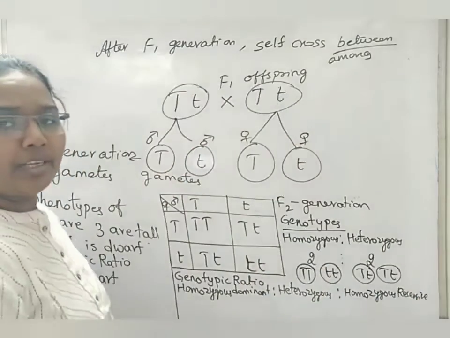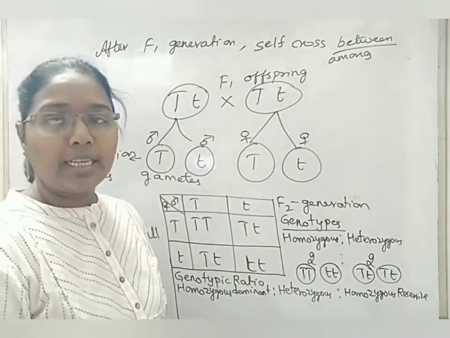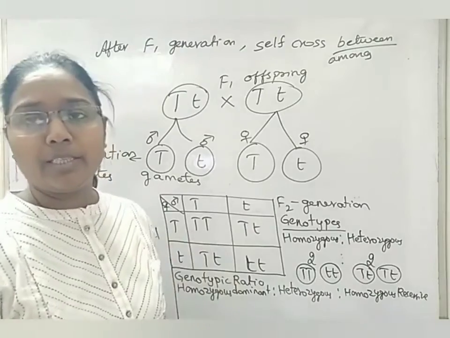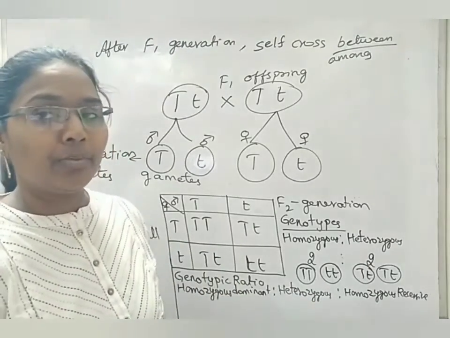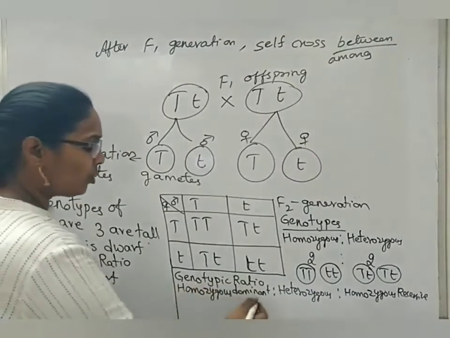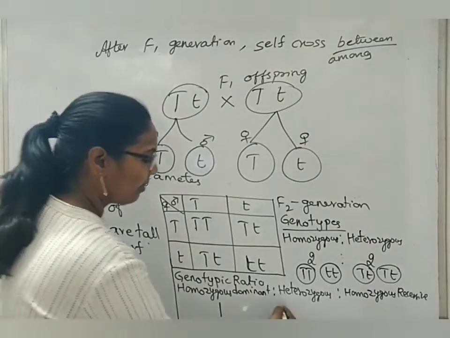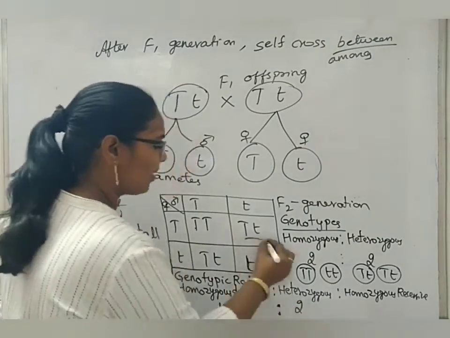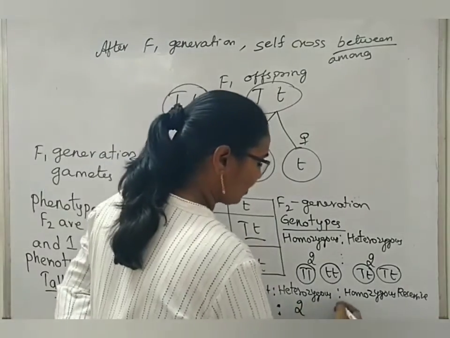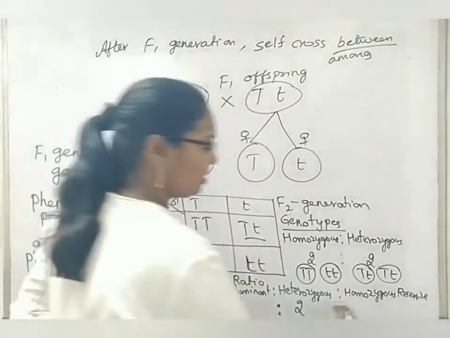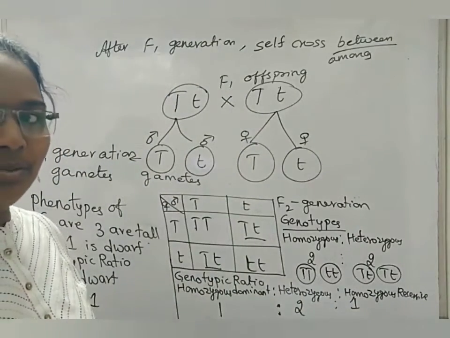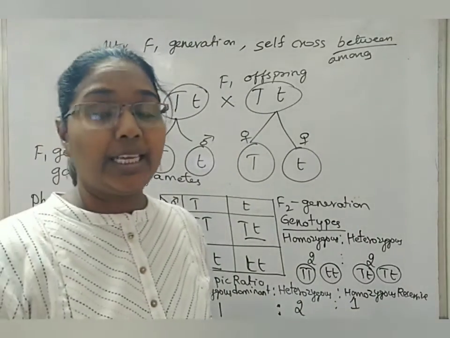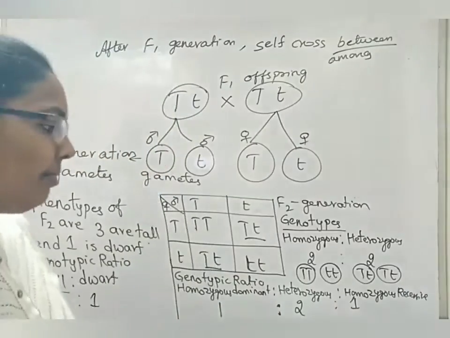We already know that in heterozygous, mostly the dominant one is only getting expressed. But there are some exceptions also, called incomplete dominance. That we'll see later. How many are homozygous dominant? 1. How many are heterozygous? 2. How many are homozygous recessive? Again 1. So the answer is 1 is to 2 is to 1 genotypic ratio in the F2 generation.